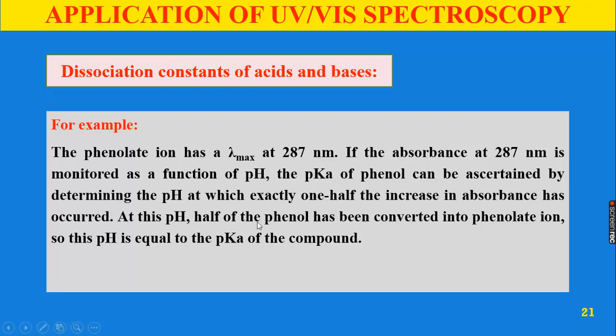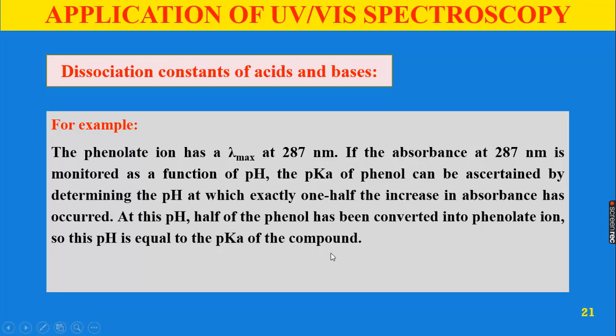When the ratio of phenolate ion and phenol is equal, 1 to 1, then this ratio will be equal to 1. So pH will be equal to pKa. So at that pH we can determine the dissociation constant of that compound.